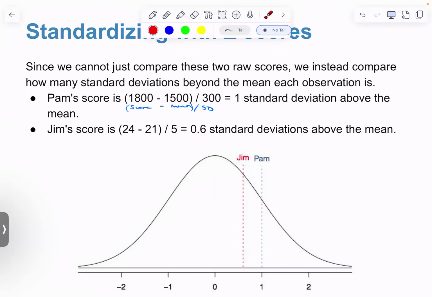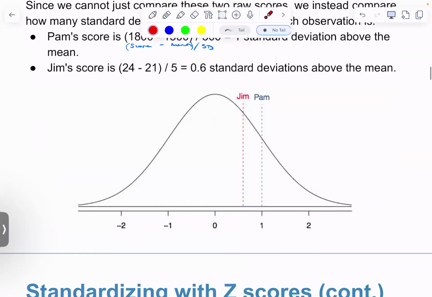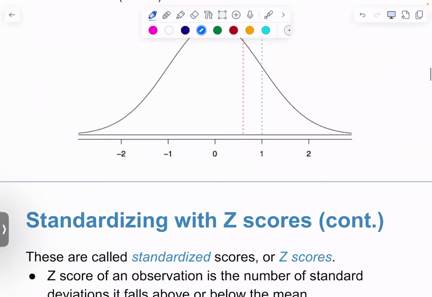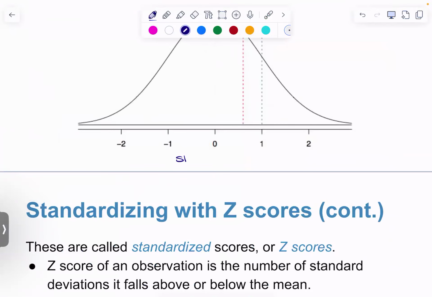Gut reaction, that's not as good as 1 standard deviation above the mean. So now all of a sudden we can compare these scores. In fact, we can put them on the same scale, and so here we've got these standardized scores.